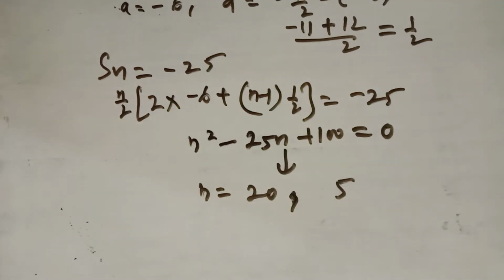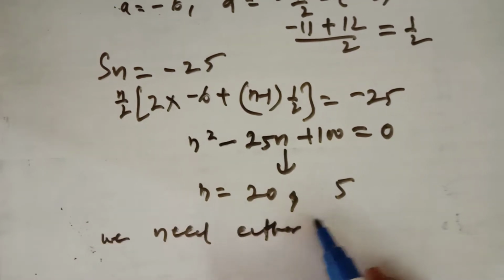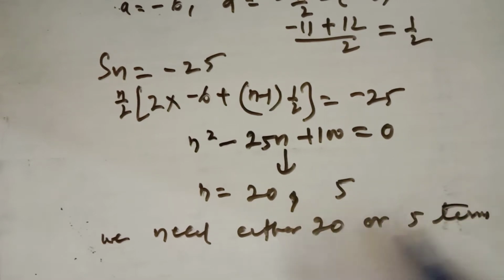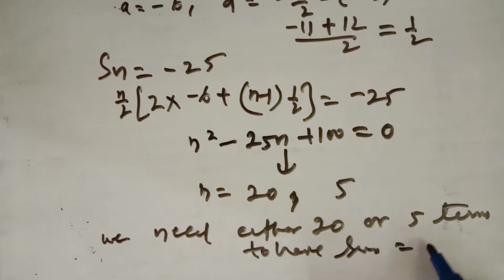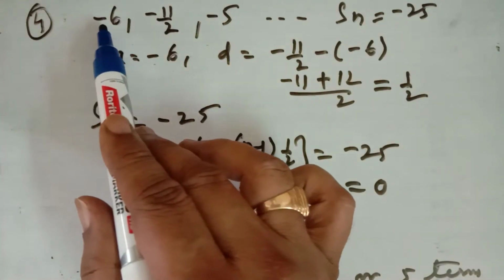Now it means that we need either 20 or 5 terms to have the sum equal to minus 25. You will ask how can it be 20 and 5 terms? Because if you see it very carefully, this is an increasing series.